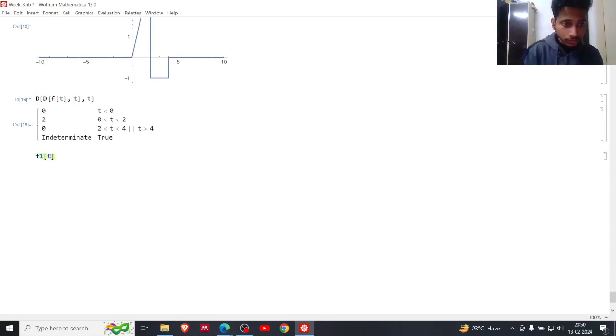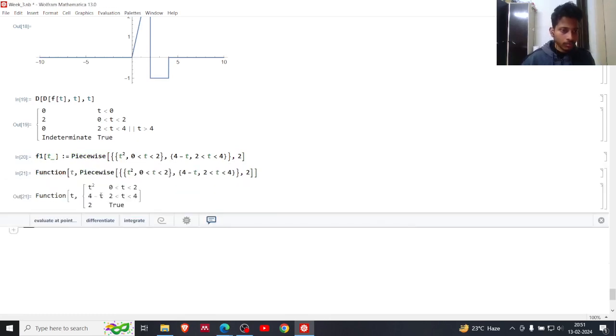Let's plot another function, that is f1 of t piecewise. So this is the function.